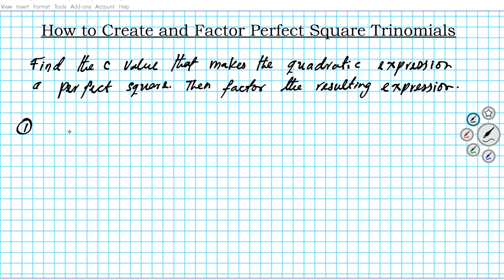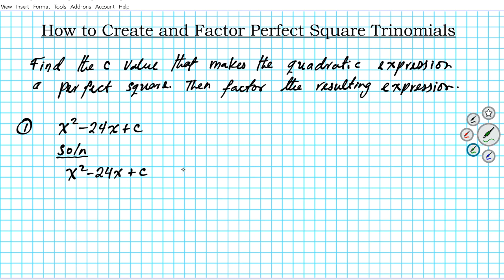Okay, so for the first one, let's say we're working with x squared minus 24x plus c. What c value will make this a perfect square trinomial? All you have to do is replace c with b over 2 squared.